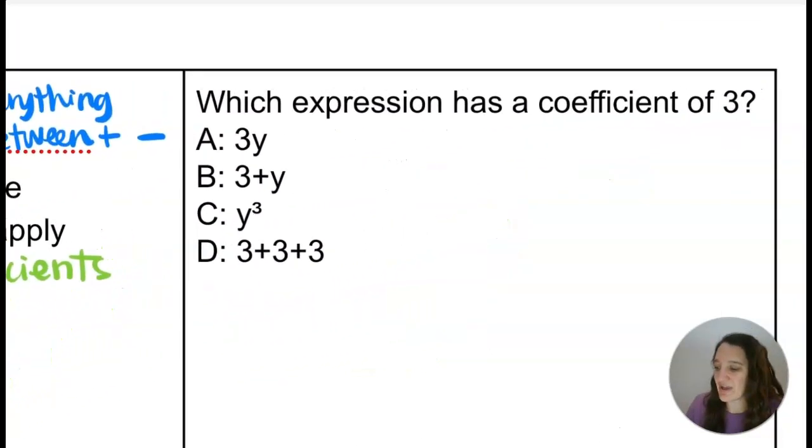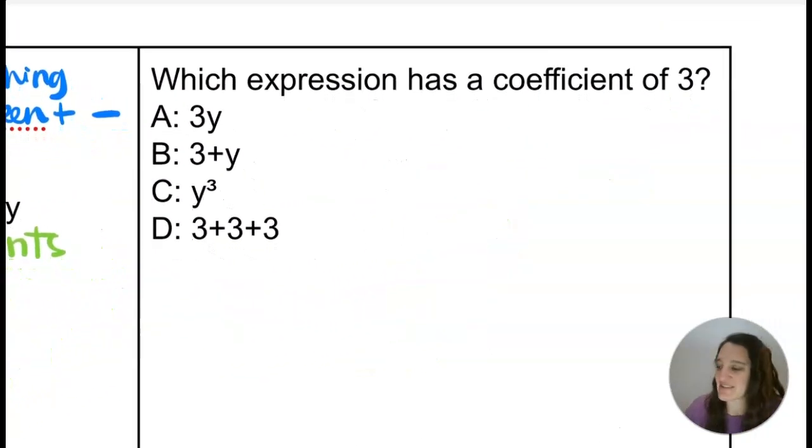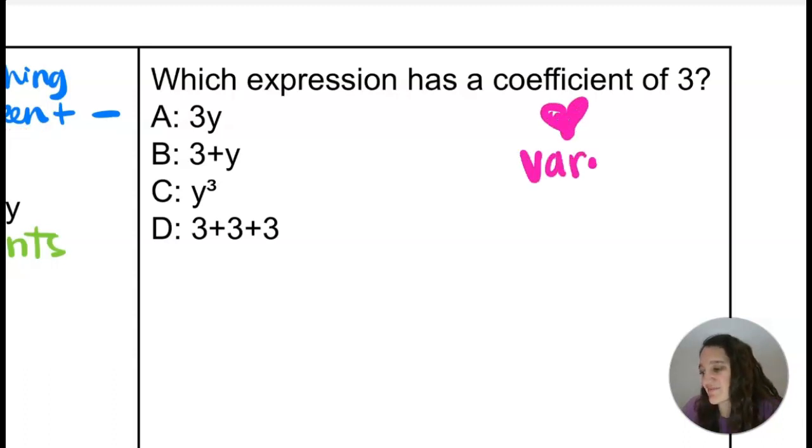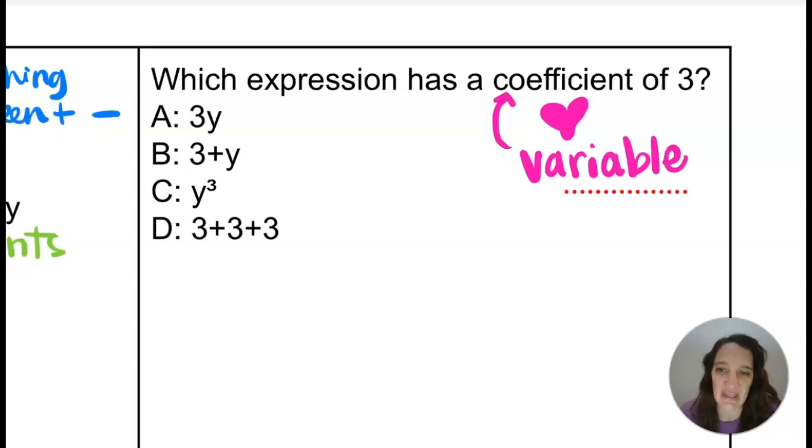All right. That little vocabulary lesson is very useful because the next question is, which expression has a coefficient of 3? Remember what I just told you about coefficients? Coefficients are in love with variables. Every variable has a coefficient leading the way.